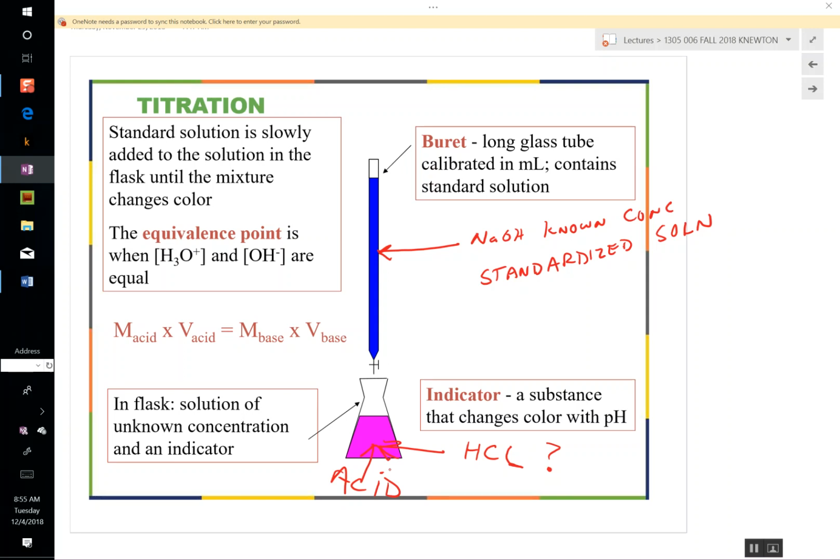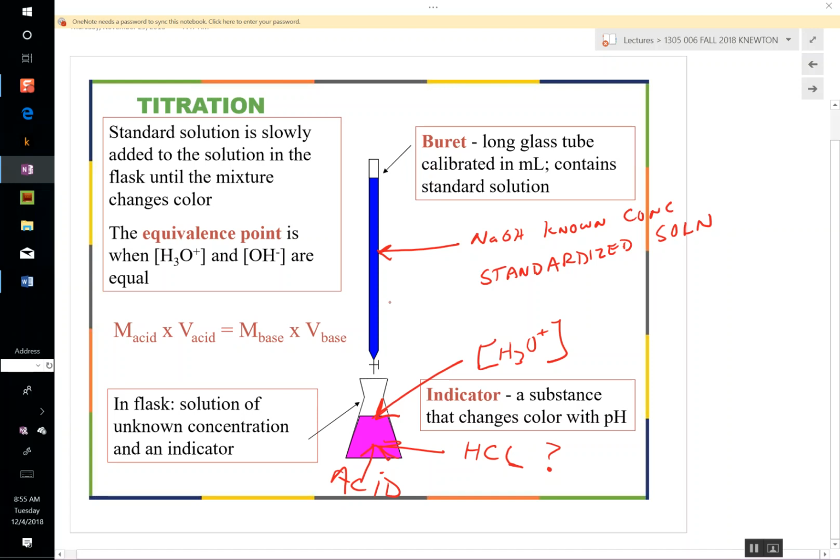You're starting here with a certain amount of hydronium ion in the flask. So at the start, you have a certain concentration of hydronium ion in the flask. And you are going to drip base into this flask until you get an equal amount.